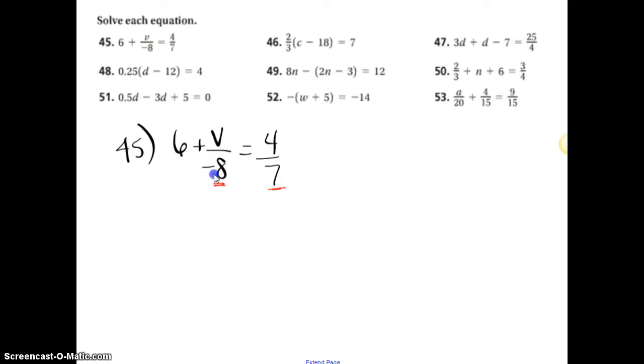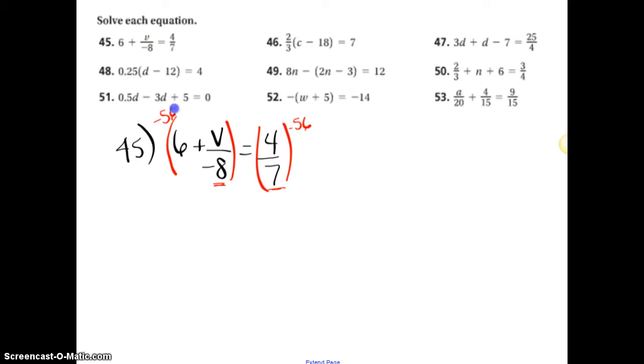So negative 8 and 7, I'm just going to multiply them together and get negative 56. So what I will do, I will multiply every single thing through by negative 56. And when I do that, then hopefully some stuff will disappear and then I will no longer have fractions and the question will not be so bad.